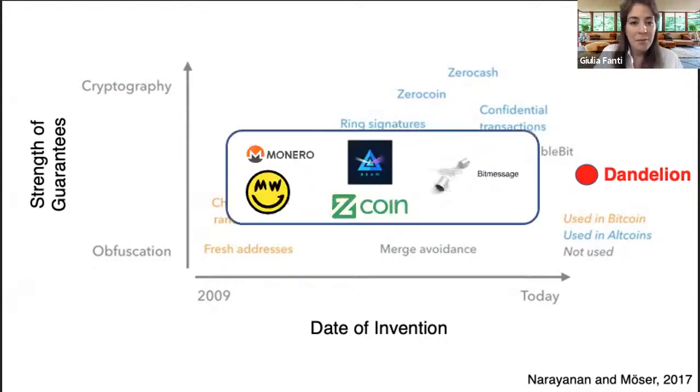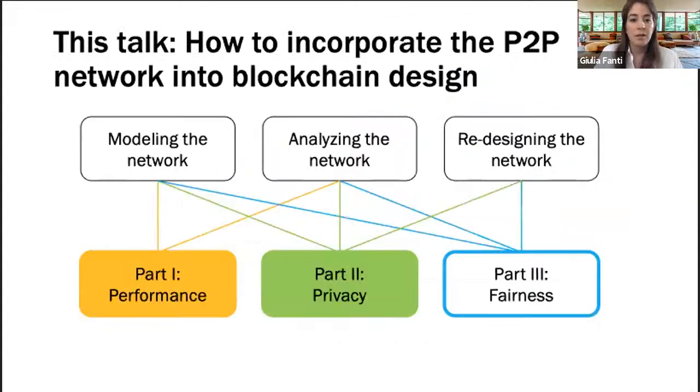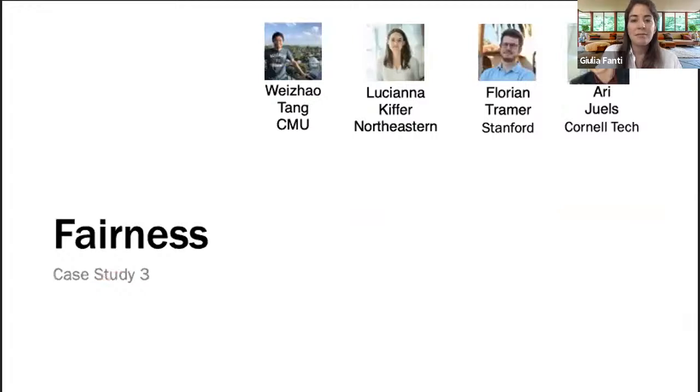So in line with that message, we've seen Dandelion has been implemented in a number of cryptocurrencies, including Monero, which is one of the big ones. And it's being considered for a few others, including Zcash and Bitcoin. Okay, so that's what I wanted to say about privacy.